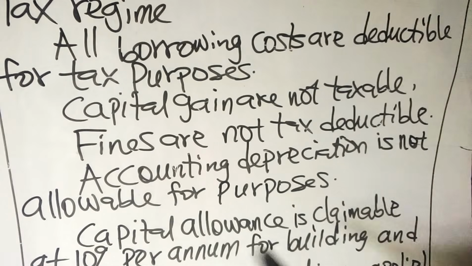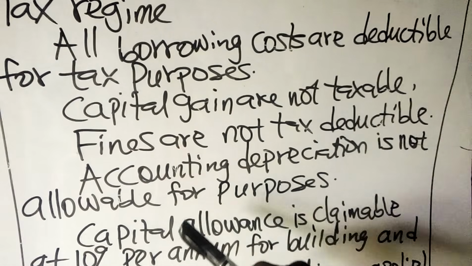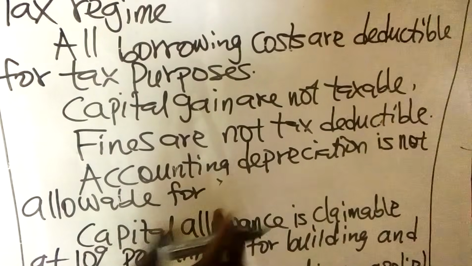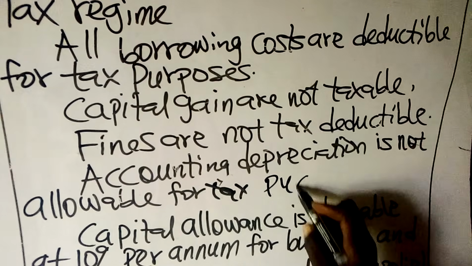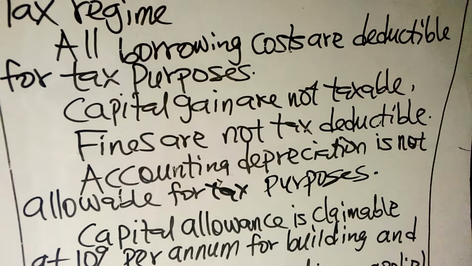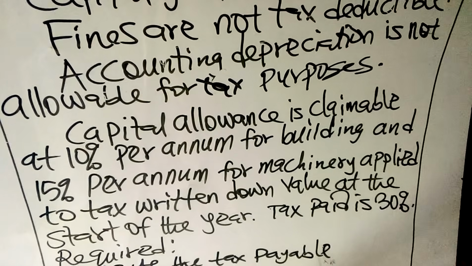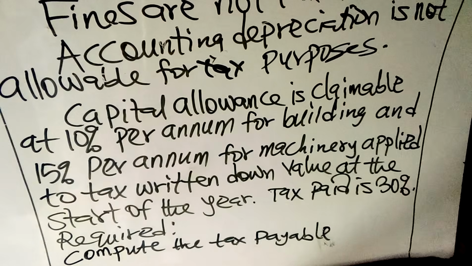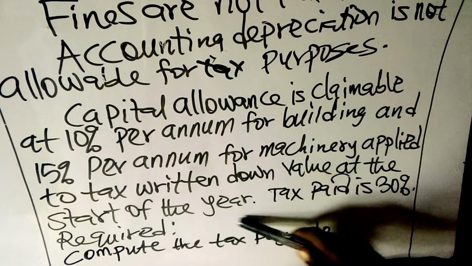That is the meaning. For tax purposes, accounting depreciation is not allowable. Capital allowance is claimable at 10% per annum for building and 15% per annum for machinery, applied to the tax written down value at the start of the year.